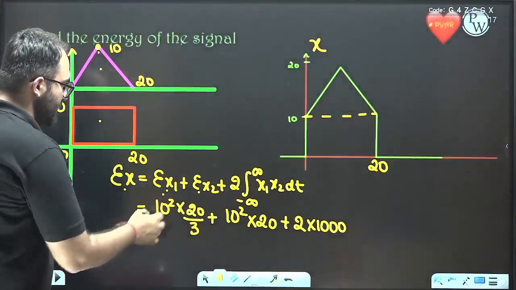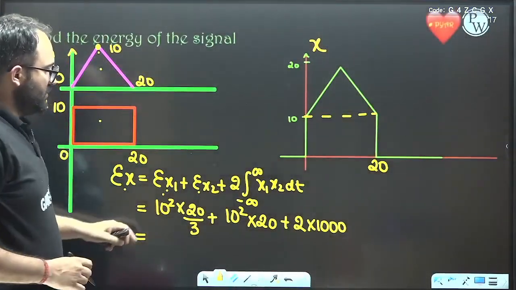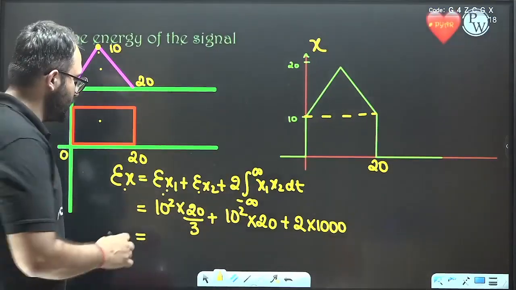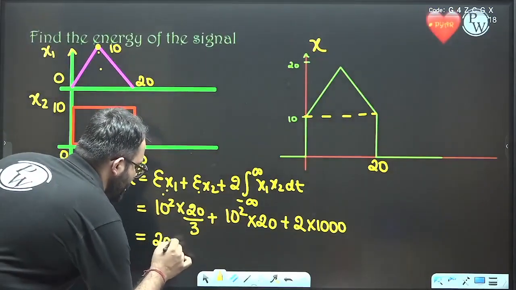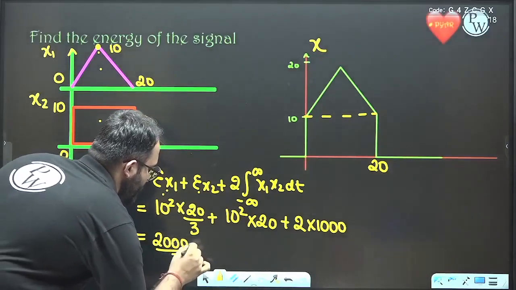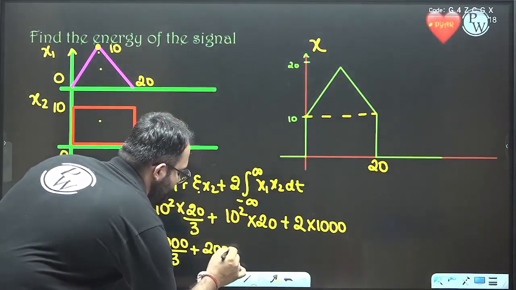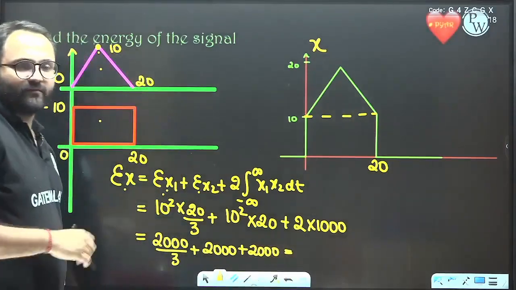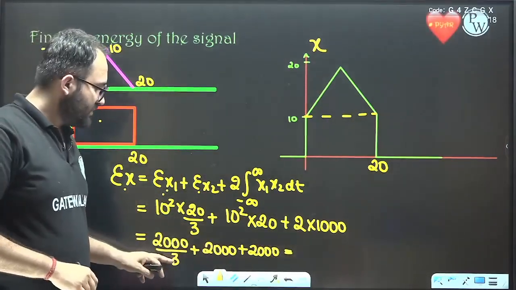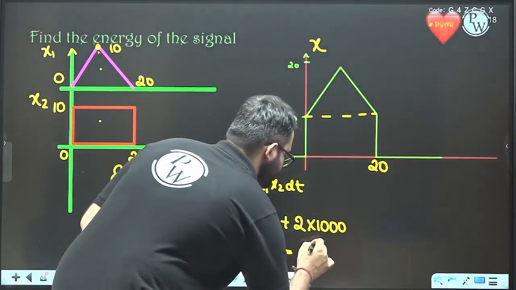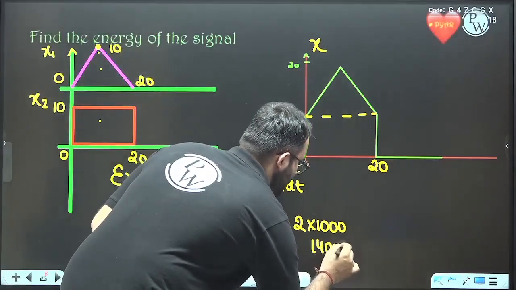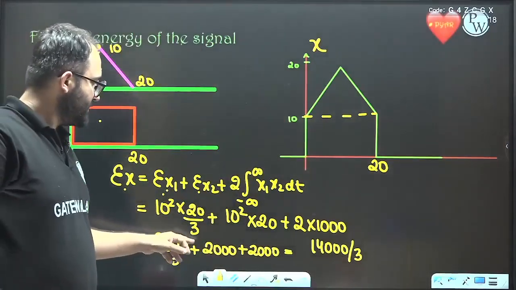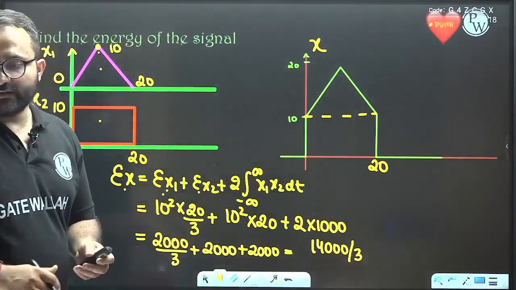If we solve this, this is 2000 by 3, this is 2000, this is 2000. So we will get 4000 plus this, that is 14,000 by 3. Great.